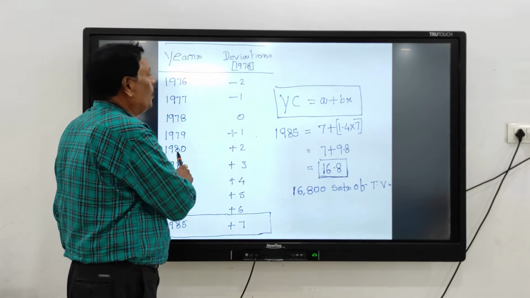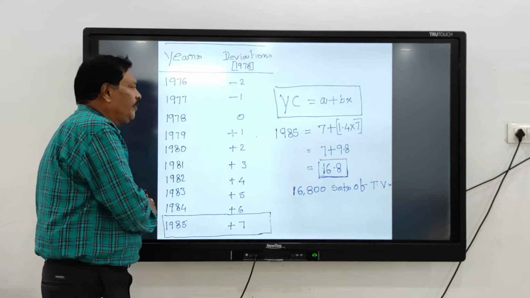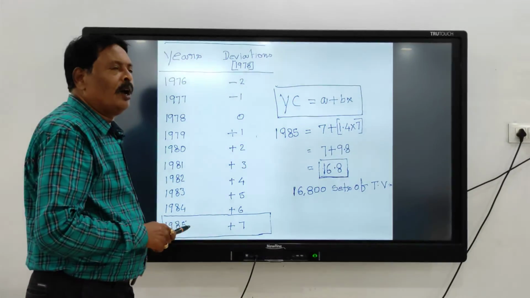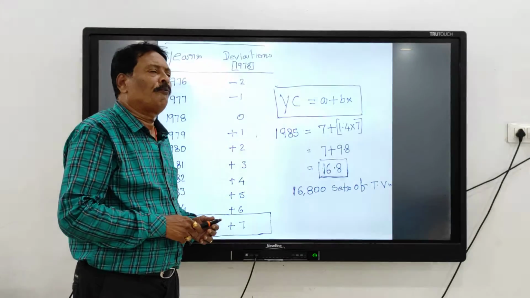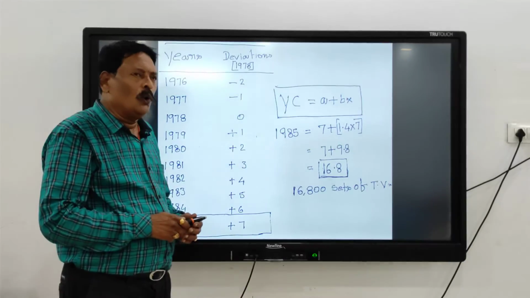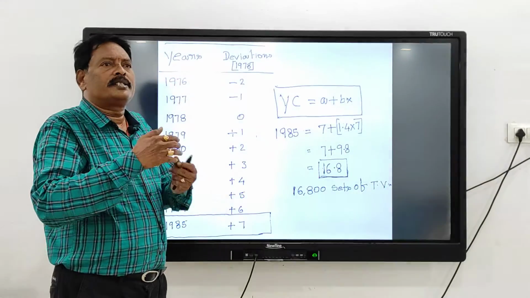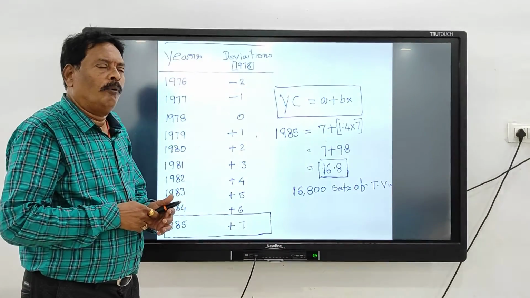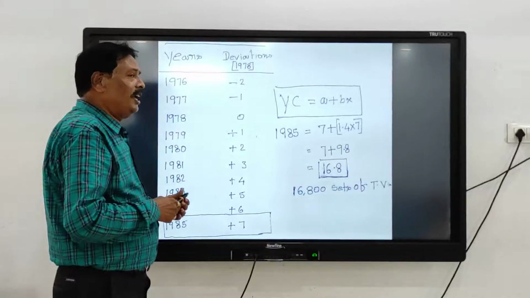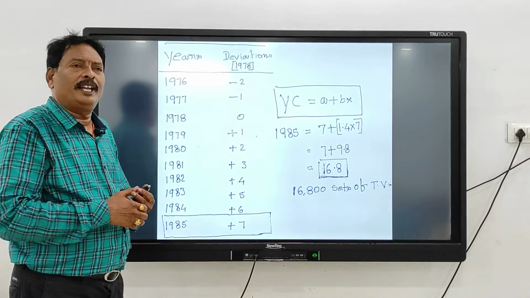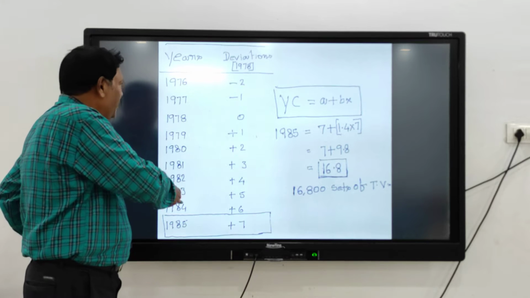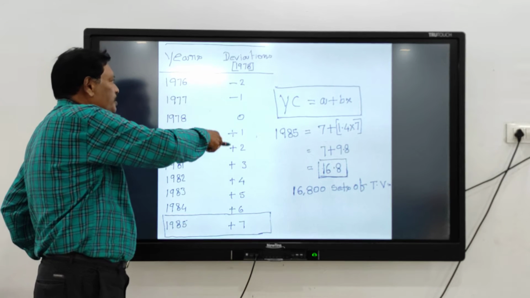When you have completed calculating the yc values, the main question is how to estimate the sales for 1985. For calculating these estimations and predictions, we have to show the working years and deviations.